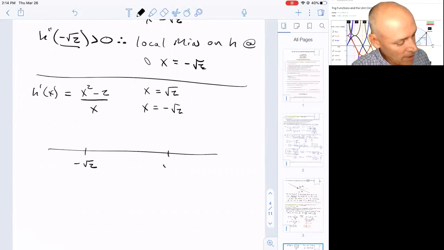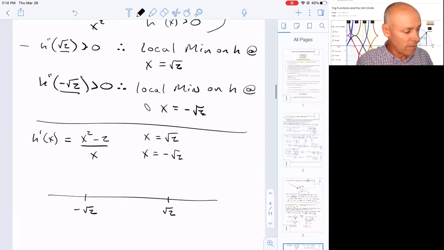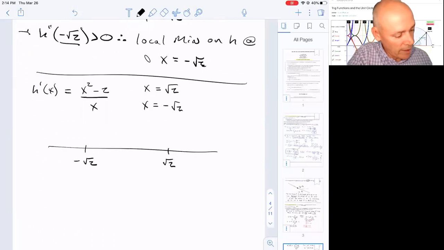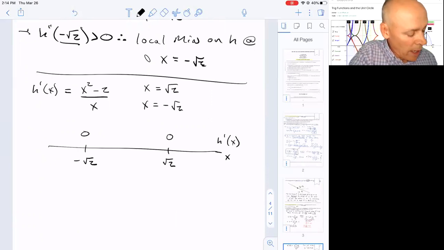Now again, I'm not going to rely on my number line for my justification. I'm just doing that to confirm what we've said based on the second derivative. So looking at my number line, h prime at x is 0 when x is negative root 2 or positive root 2.